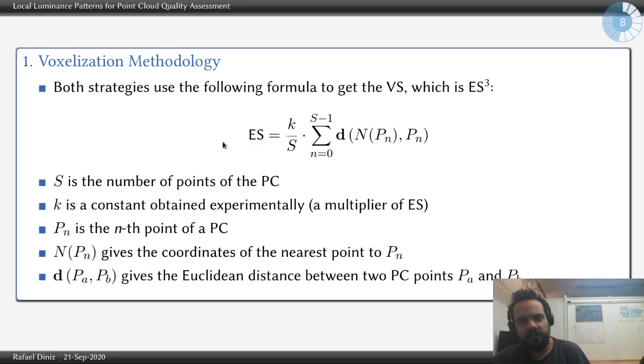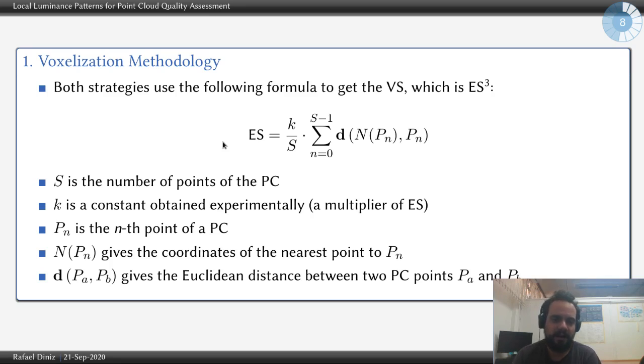So this is how we calculate the voxel size, which is the cube of the edge size. That is basically the average distance of the nearest neighbor of each point, multiplied by a constant k.